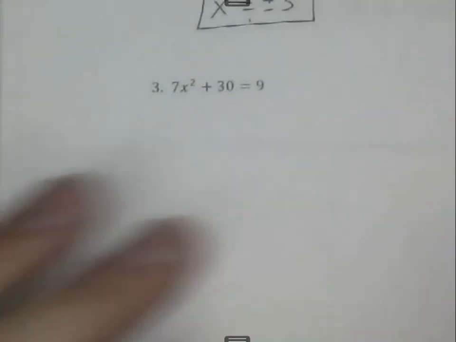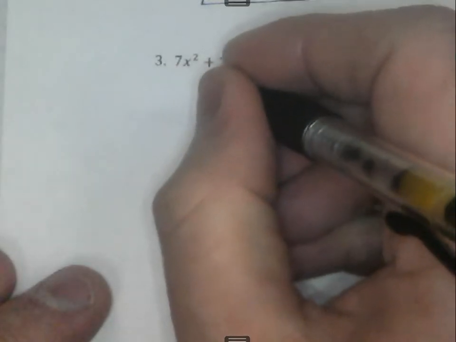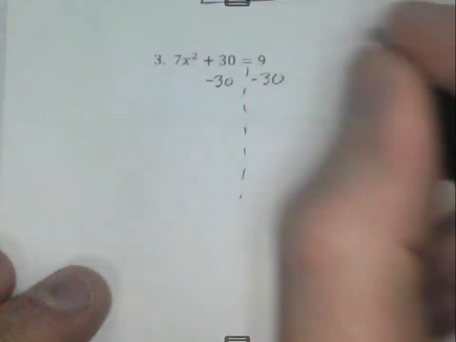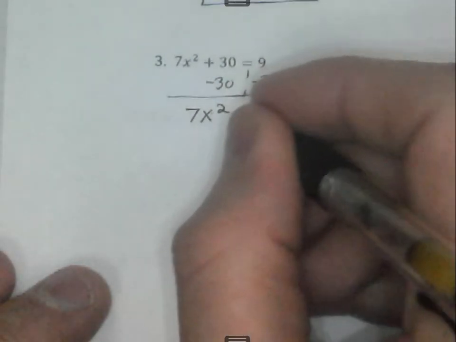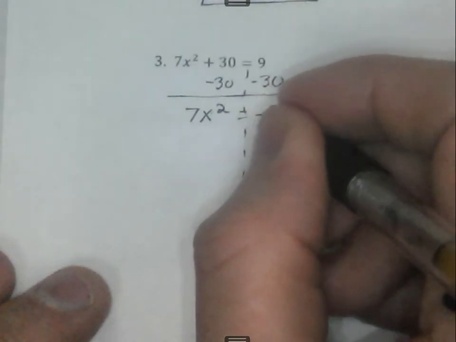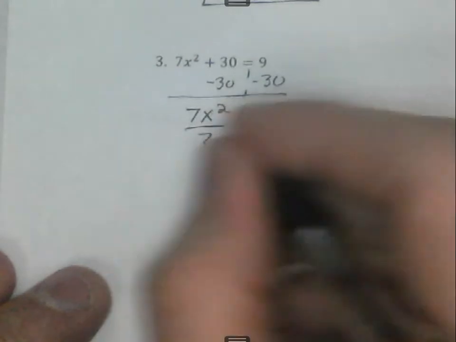Go ahead and try number 3. All right, the correct answer for number 3, first thing we have to do is we have to subtract 30. This gives you 7x squared equals negative 21. Divide both sides by 7.